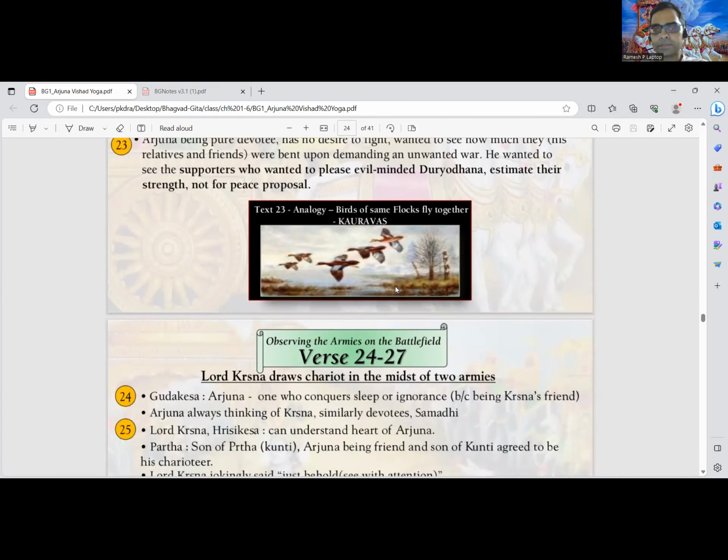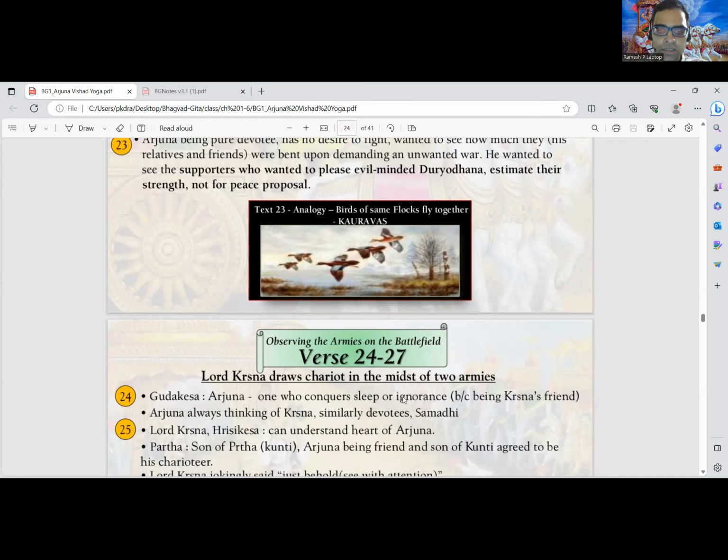Here, after the instructions from Arjuna, Arjuna's desire was that the chariot should be moved, and Lord Krishna places the chariot in front of the opponent. Here again, Arjuna is referred to as Gudakesha, one who has conquered sleep or ignorance.